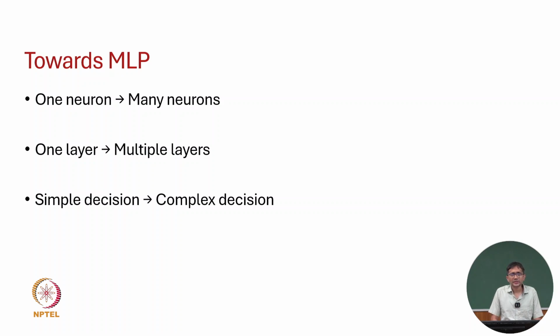Instead of just one neuron, we can use many neurons in a particular layer, let's say several neurons. And instead of one layer, we can again use multiple layers. This will take us from a simple decision paradigm to a complex decision paradigm.